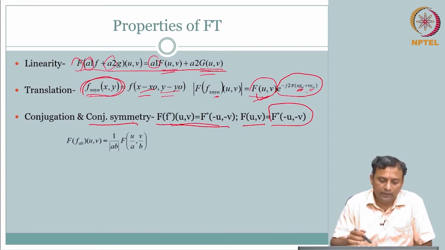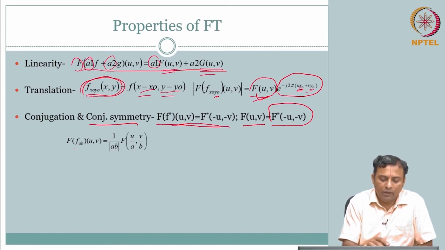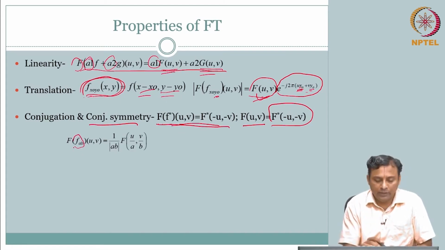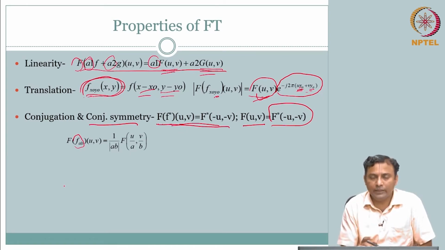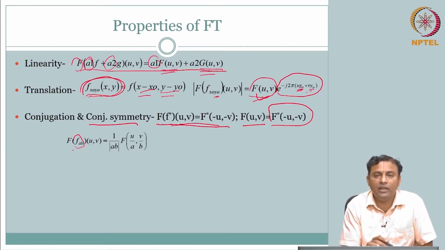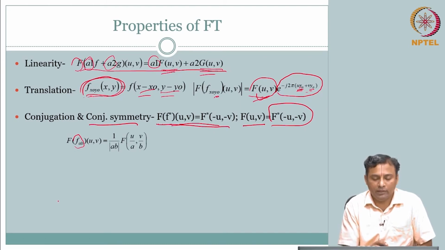This is another thing. This representation basically says the small f is your spatial domain signal, f of x comma y, and a and b are the respective scaling values, so f of ax comma by. That is what a b denotes.